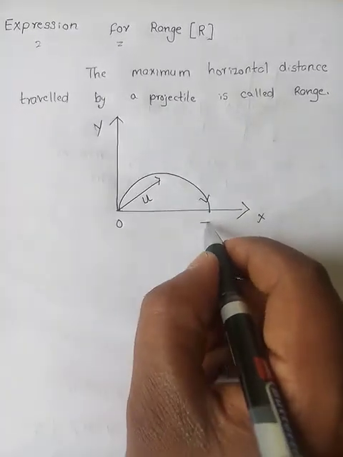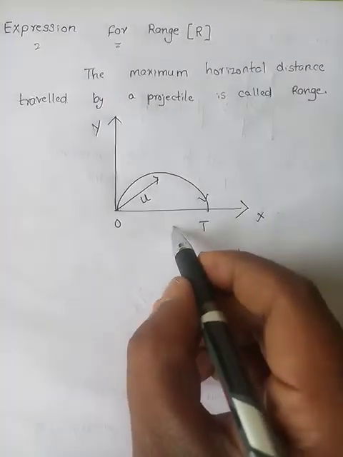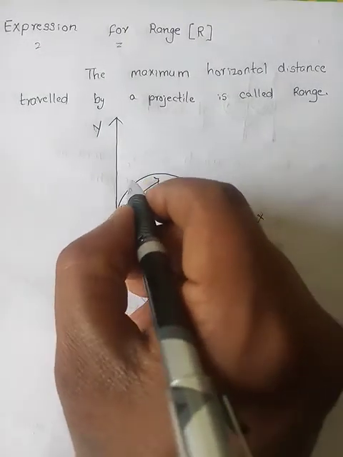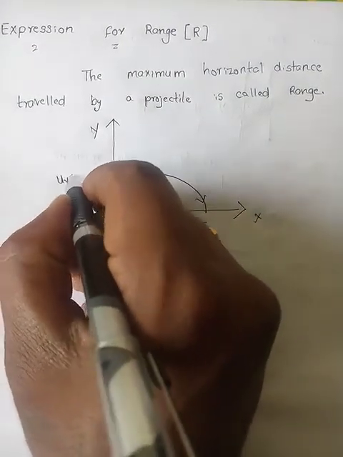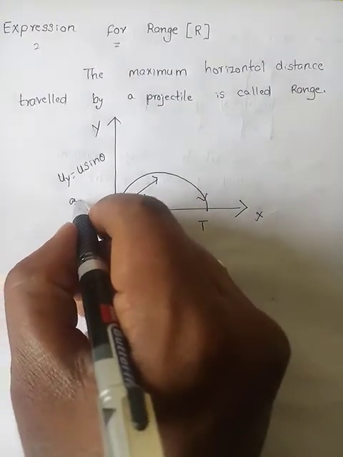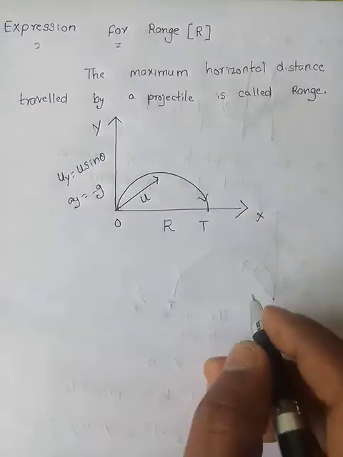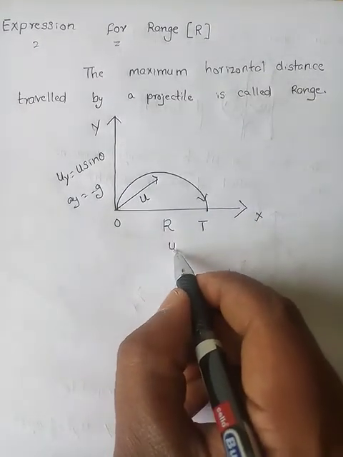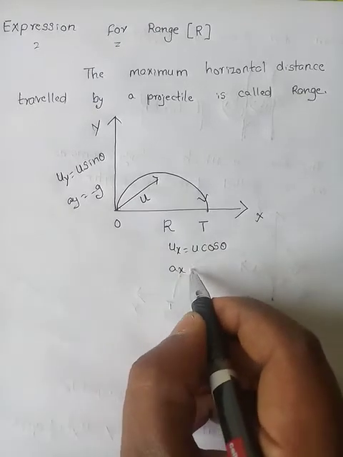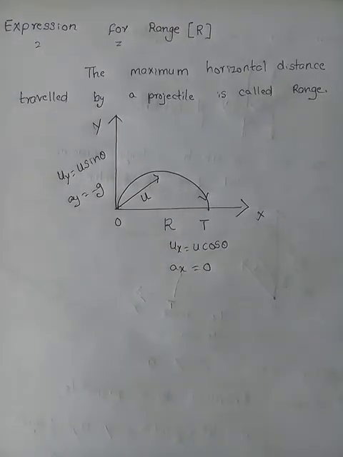Now in a time t, the horizontal distance travelled is assumed to be R. As usual, uy is equal to u sin theta, ay is equal to minus g, ux is equal to u cos theta, ax is equal to 0.